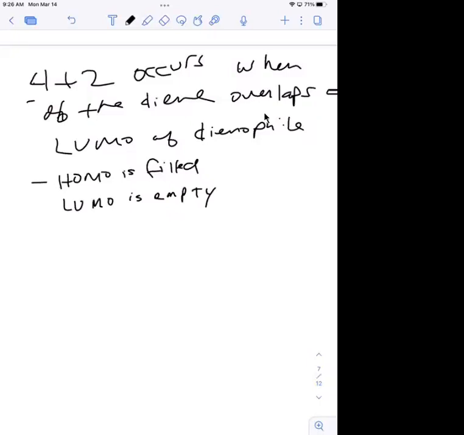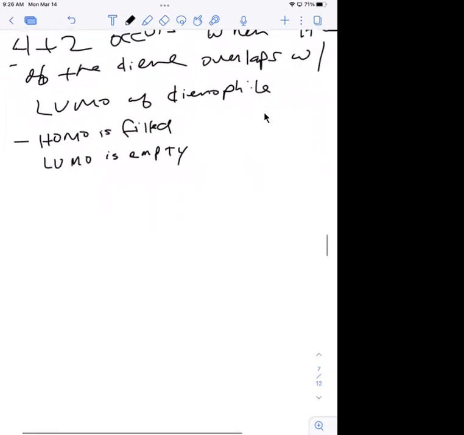So the HOMO is, in a sense, like your nucleophile, and the LUMO is like your electrophile.